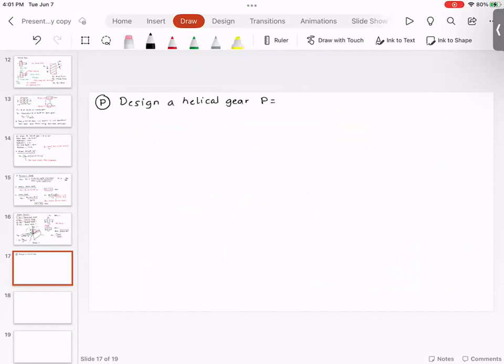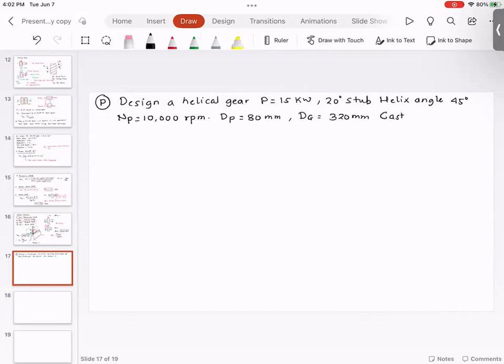P is equal to 15 kilowatts, 20-degree stub, helix angle 45 degrees, speed of pinion is 10,000 RPM, diameter of the pinion is 80 millimeters, diameter of the gear is 320 millimeters. The material is cast steel.